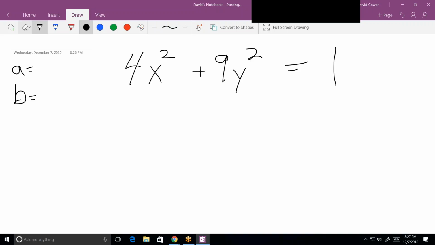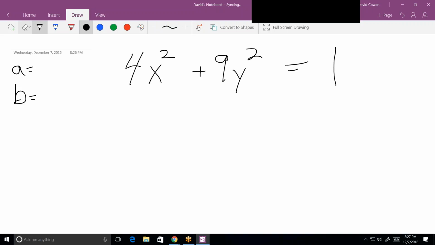Notice that I can't divide everything by the number on the right side and end up with anything in the denominator. Most of the time you can. Usually when you divide by the number that makes that 1, you end up with numbers in your denominator. But right now I have to figure out what the denominator actually is.